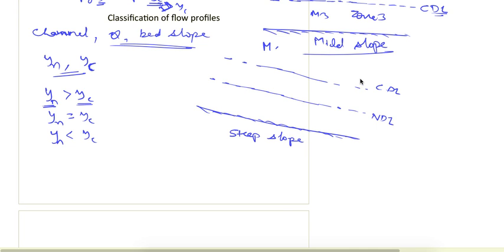In this case the CDL is at the top, so the zone above the CDL we take as zone 1, between CDL and NDL as zone 2, and below NDL as zone 3. So if the flow is occurring on the steep slope and in zone 1, we define it as S1 profile, similarly S2 and S3.